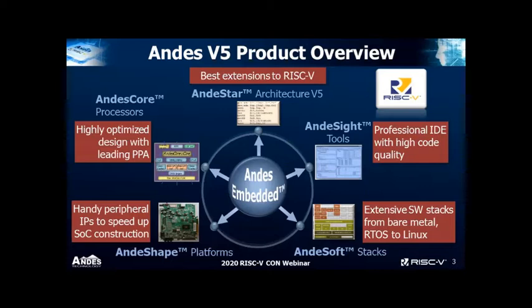And AndeShape is our FPGA platform that can help our customers evaluate and validate their SoC design. And on the right-hand side, AndeSight is our IDE tool for designers to easily build their application on our CPU. The next one, AndeSoft, is our BSP, which provides many different software stacks.